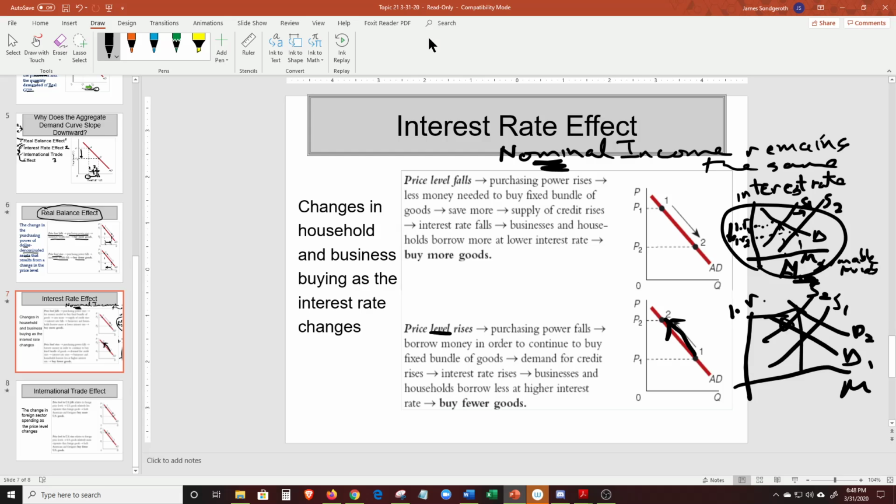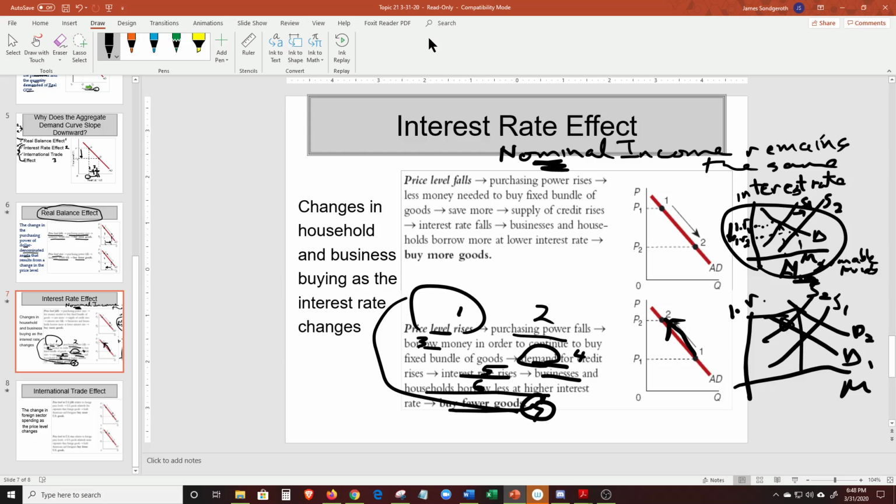So price level rises. 1, purchasing power falls. 2, borrow more money. 3, demand for credit rises. There you go. Which is 4. Interest rate rises, which is 5. Businesses and households borrow less, which is 6. Buy fewer goods, 7. So, wow, there are a bunch of steps to get to here.